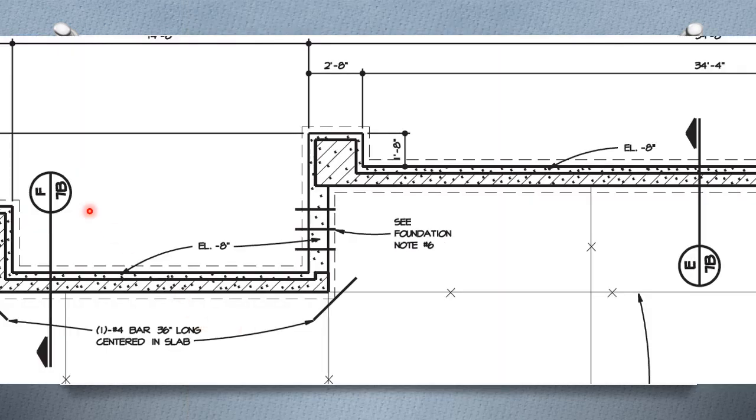So once again, I have cutting planes, and that's telling me that I have taken a slice through here and I'm standing here looking in this direction. Notice it refers to foundation note 6.